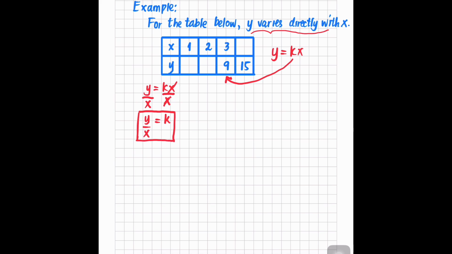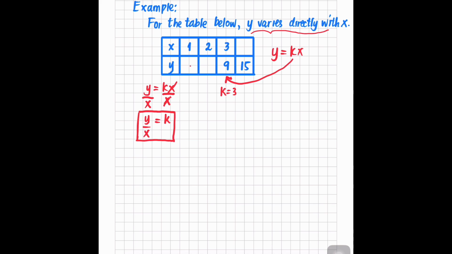So going back to the table, since we need to divide y by x in order to find k, therefore for this one, we can divide 9 by 3, which is equal to 3. So the value of k is 3. In order for this table to explain direct proportion, we should apply the same value of k for every pair of values.